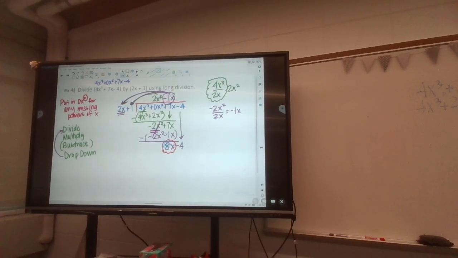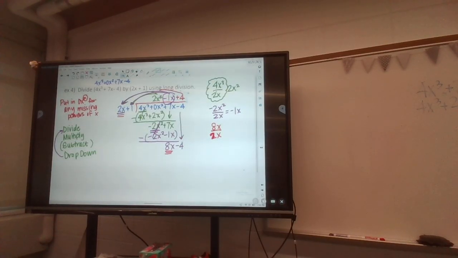Oops, I changed what I was doing. So this now is being divided by that. So 8x divided by 2x is 4. And then it's to get multiplied to both of these.